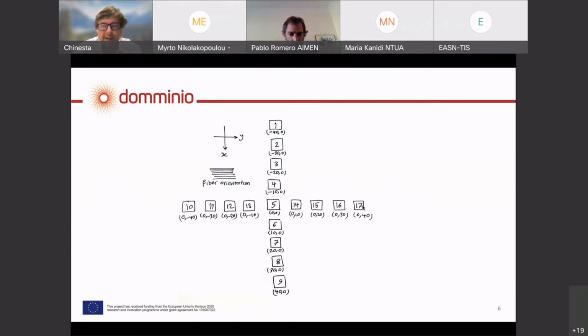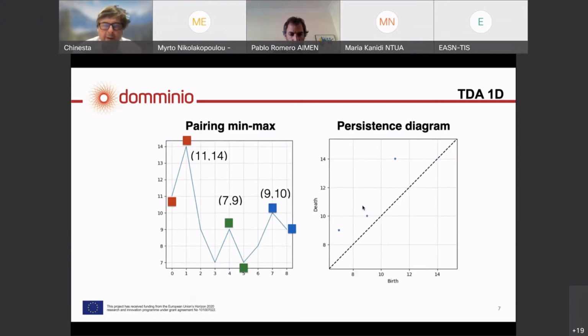So it's coming very, very soon, but now all the measurements have been performed, and all the profiles are obtained, and we are using one technology that we call TDA, for topological data analysis. That is a very nice technology, very robust, in order to extract the descriptors that are richer than standard statistical descriptors for rugged surfaces.